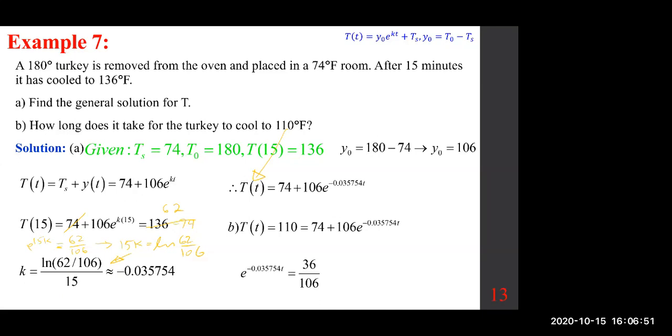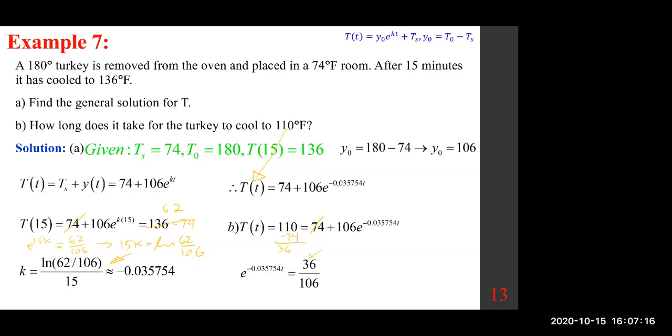So again, that's what you get. So then, of course, 36 divided by 106. So this step is just after that, you get this step.